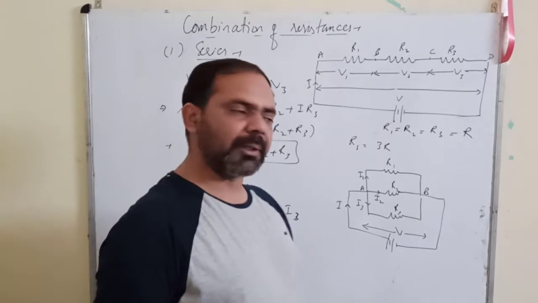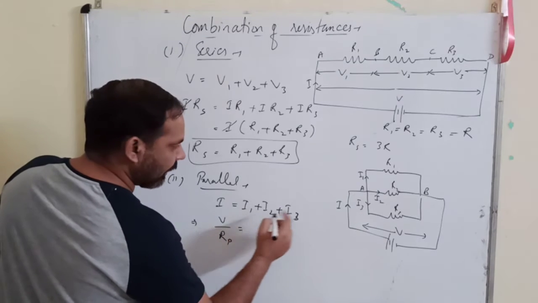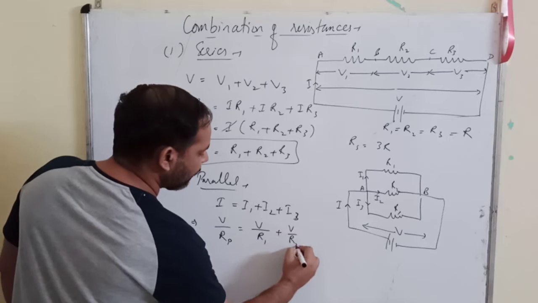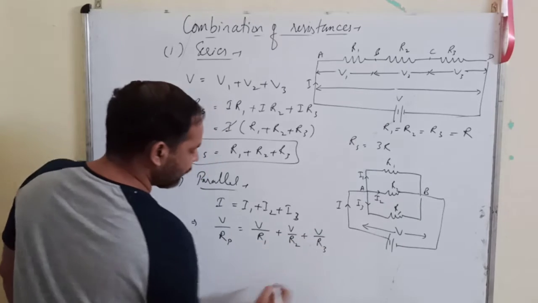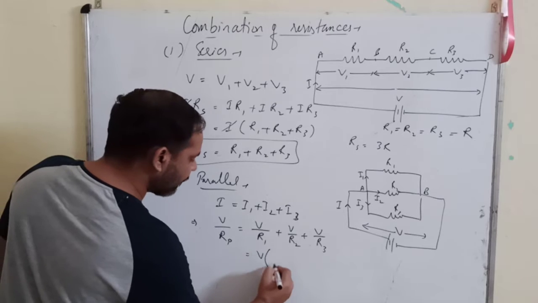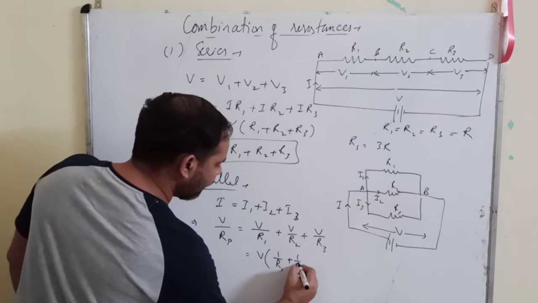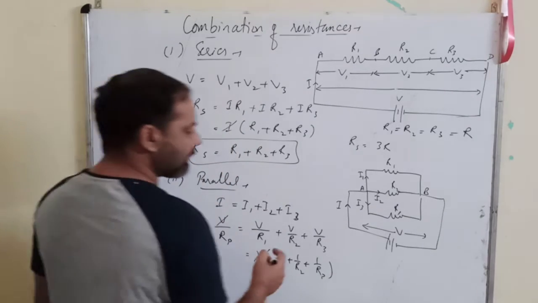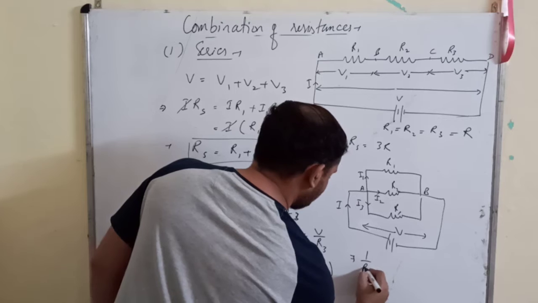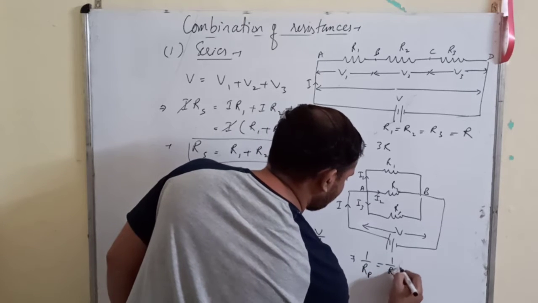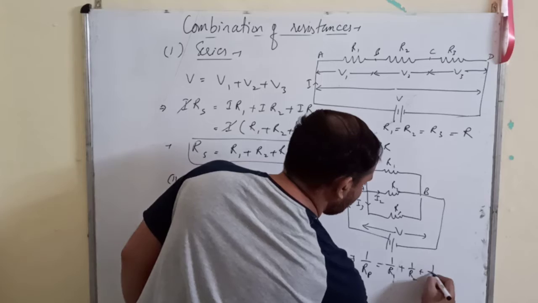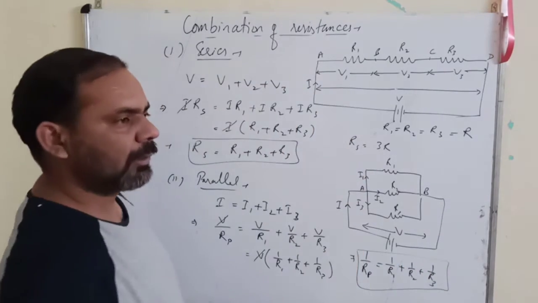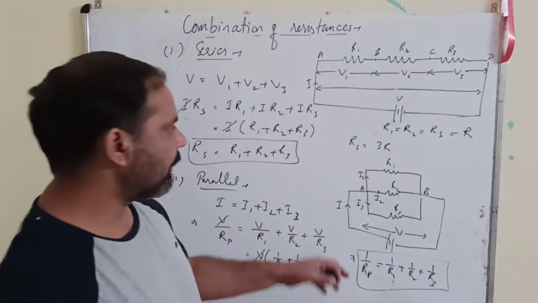So V upon RP is equal to V upon R1, V upon R2, V upon R3, since V is the same across each. If you take V common, 1 upon R1, 1 upon R2, 1 upon R3. V and V will get cancelled and you get 1 upon RP is equal to 1 upon R1 plus 1 upon R2 plus 1 upon R3. This is the resistance of this parallel combination of three resistors.